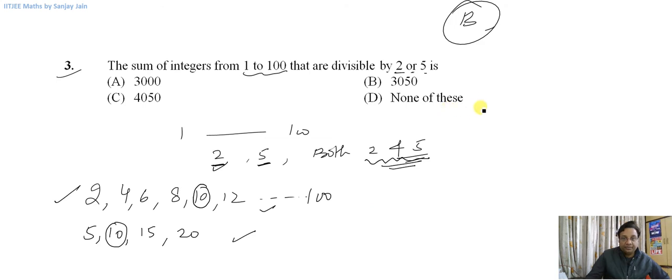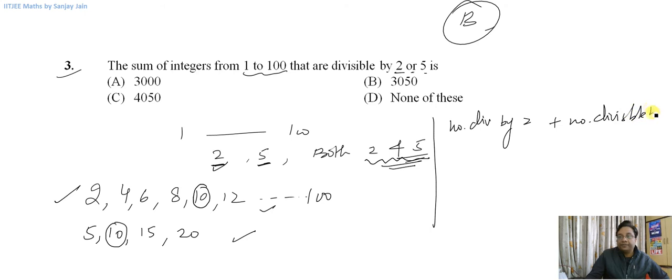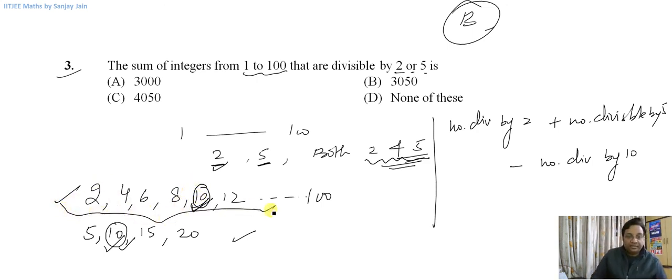So the sum that I am looking for is numbers divisible by 2 plus numbers divisible by 5 minus numbers divisible by 10. Why minus? Because I have calculated it twice, right? I had to add 10 only once, but when I calculated the sum of numbers divisible by 2 and sum of numbers divisible by 5, I added the numbers that were divisible by 10 twice.